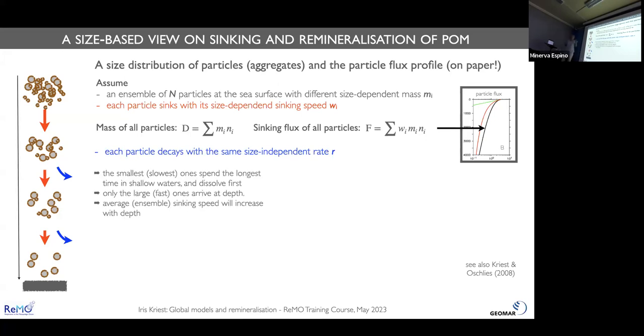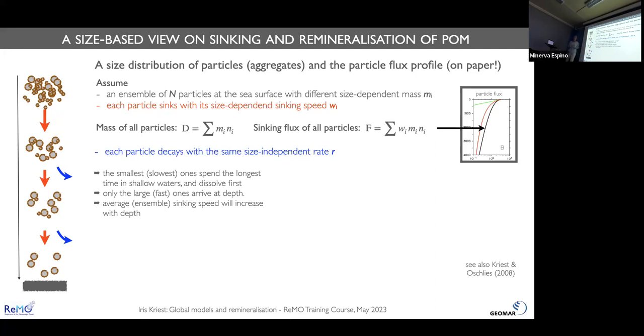We can already imagine that the smallest ones, or the slowest ones, spend the longest time in the upper water column, and will dissolve or remineralize first. And it will only be the large and fast ones that make it all the way down to the deep sea. So, if you look at this cartoon here, it's the small ones vanishing, and in the end, we end up just with the large particles.